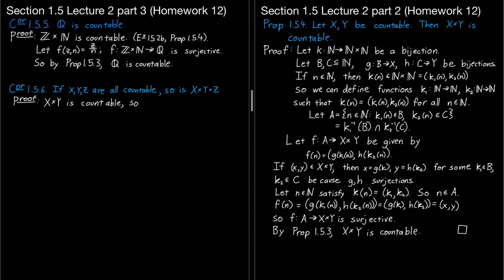So then if you take X Cartesian product with Y, and then you take the Cartesian product of that with Z, that is countable.